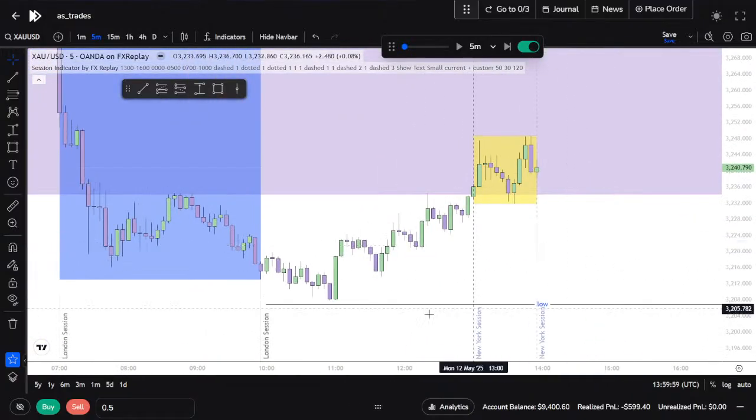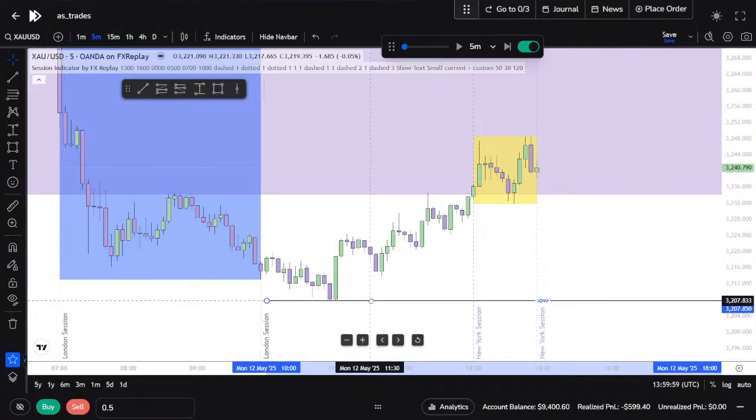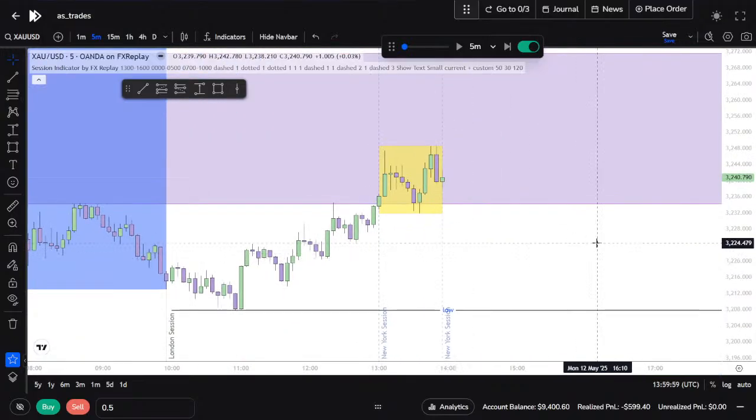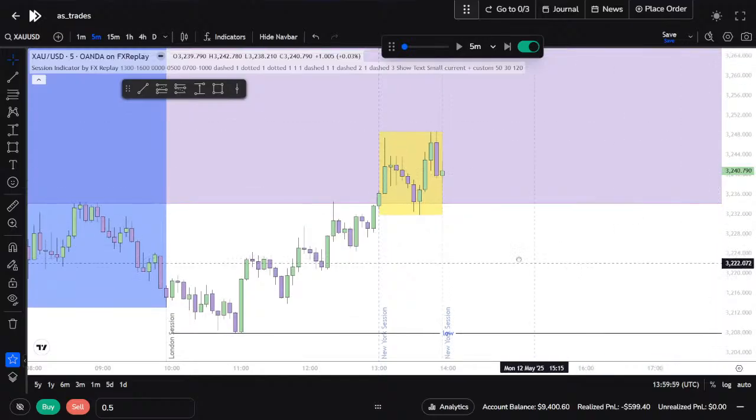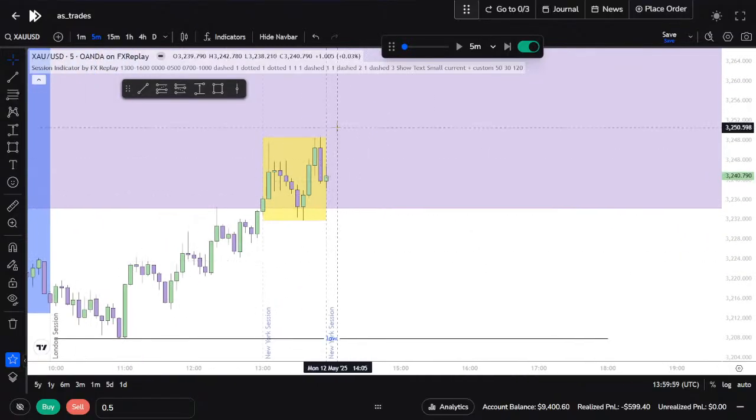Yeah, so let's move this up. Okay. So far you can see a very clear uptrend. So once we see a lower low, yeah, lower low, that's what we're going to.